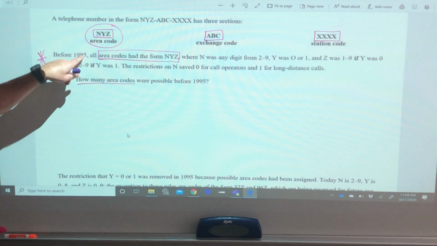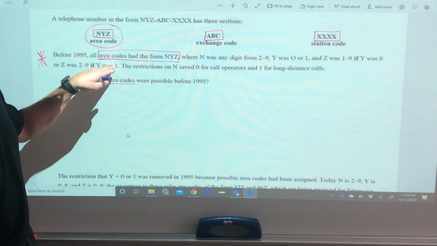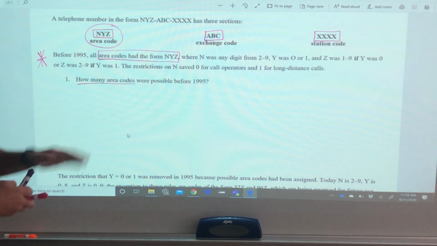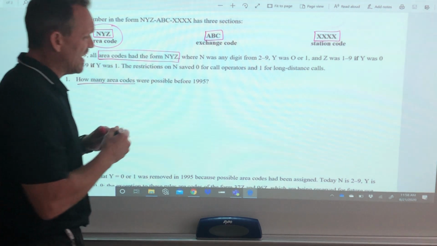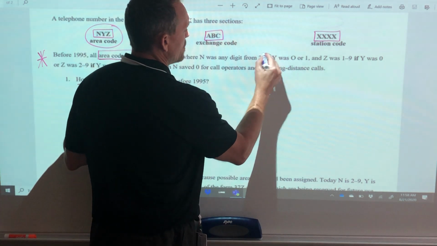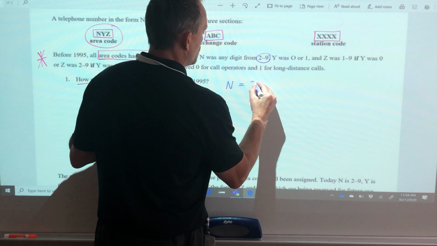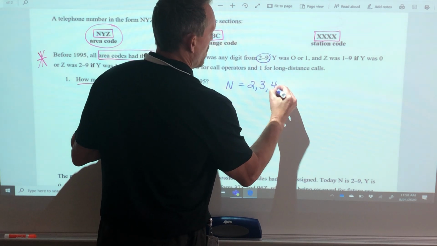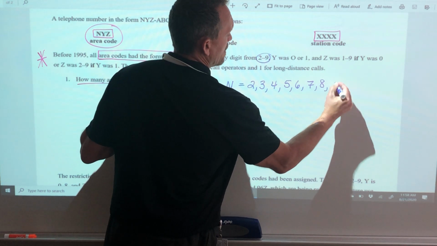So before 1995, how many area codes were there? That's basically what we're looking at. Area codes had the form of NYZ, where N was any digit 2 through 9. So N could equal 2, 3, 4, 5, 6, 7, 8, or 9.